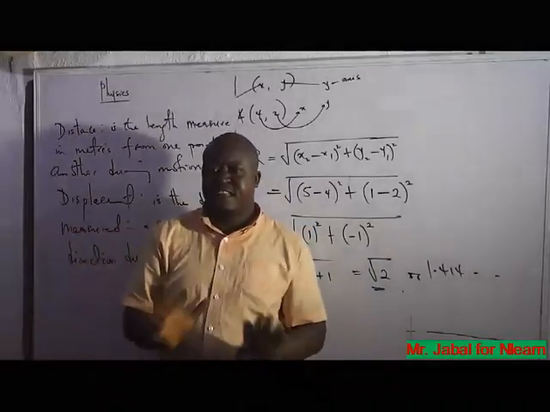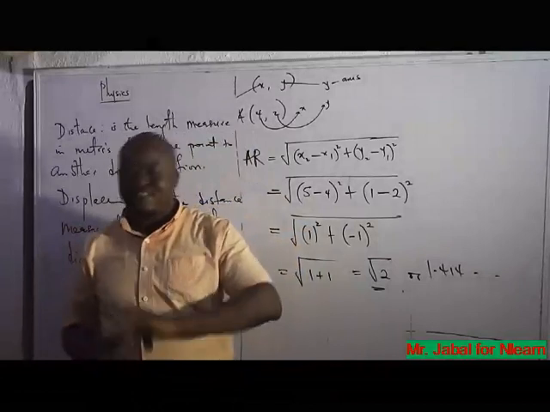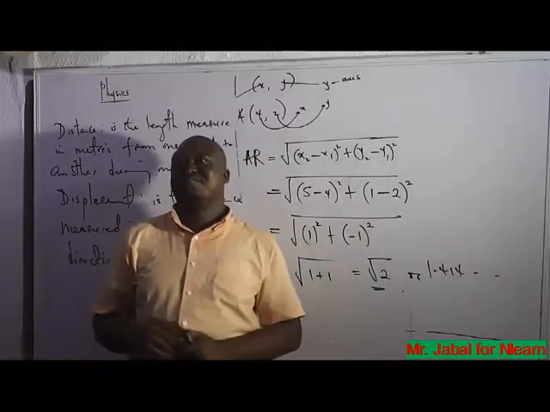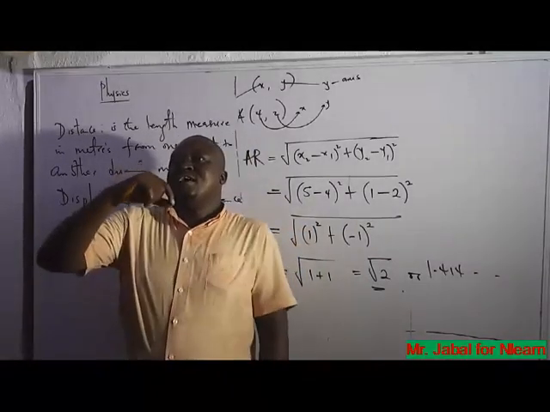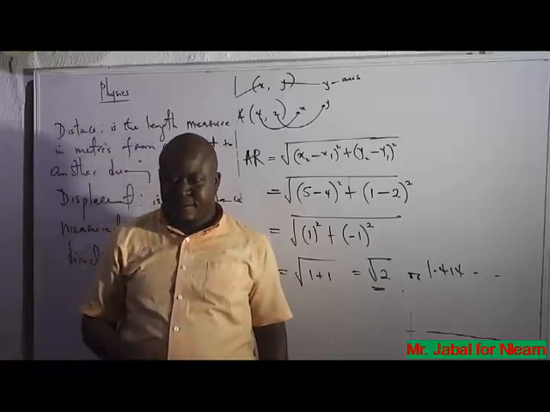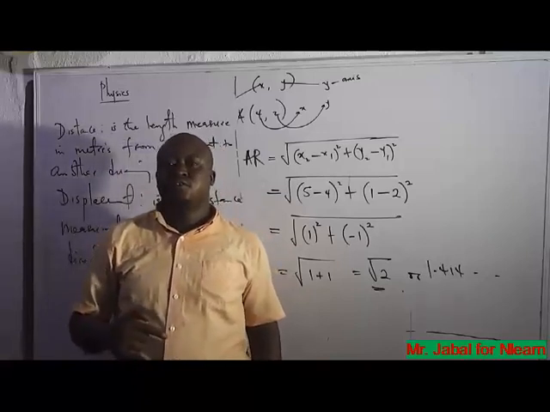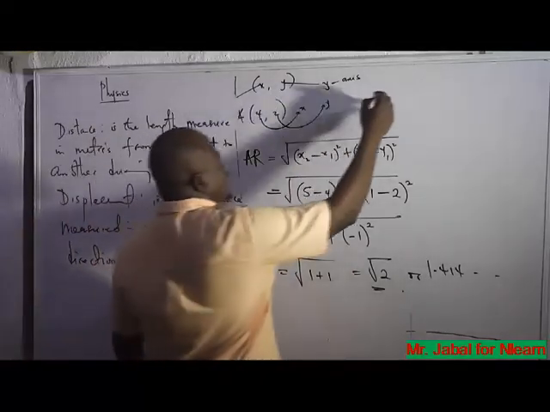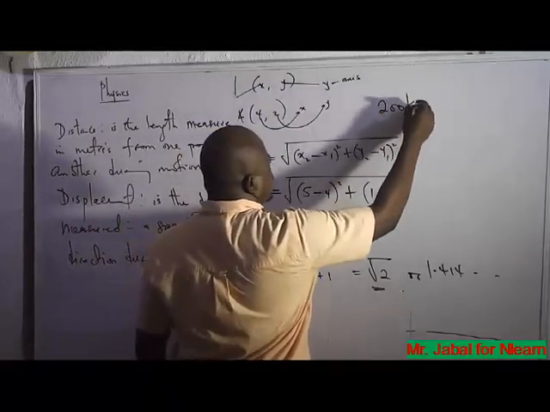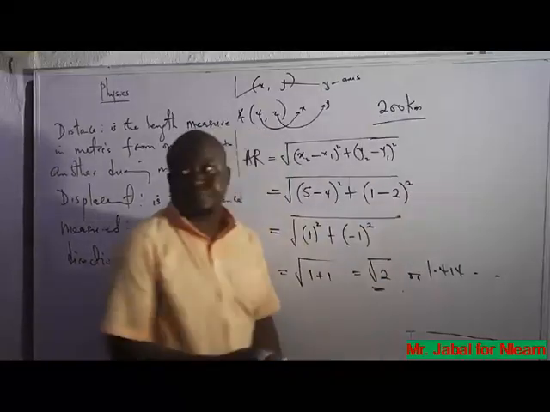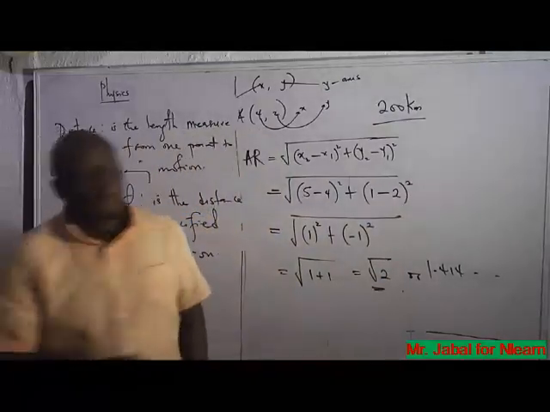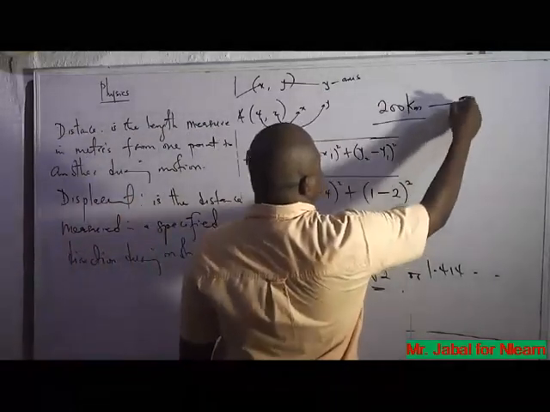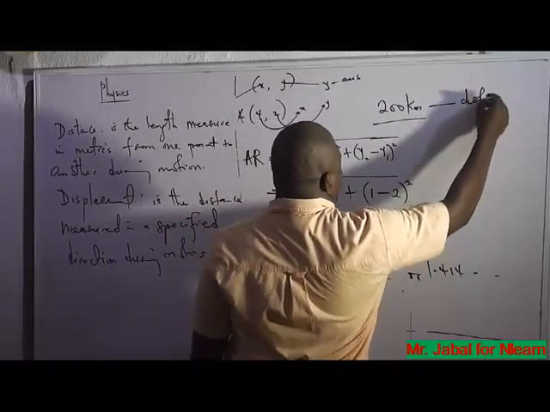Distance is a scalar quantity. Displacement is a vector quantity. What's the difference? The distance from Lagos to Ibadan, for example, is 200 kilometers. What I've measured is distance.